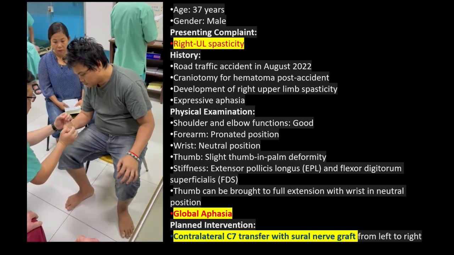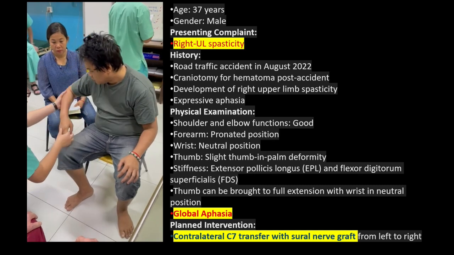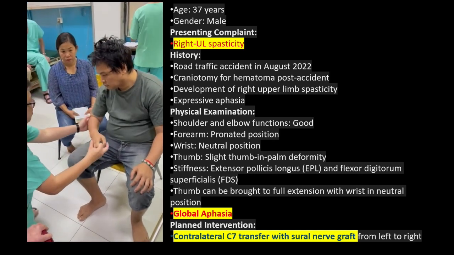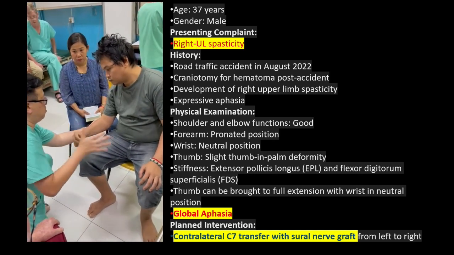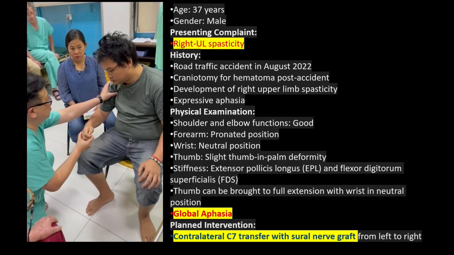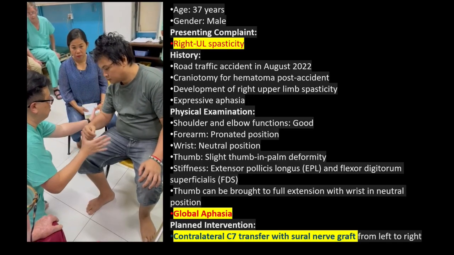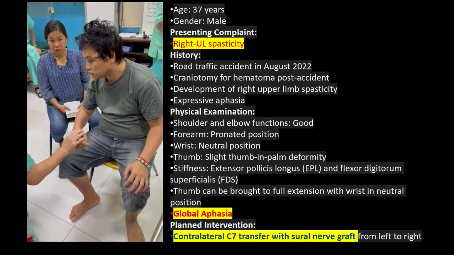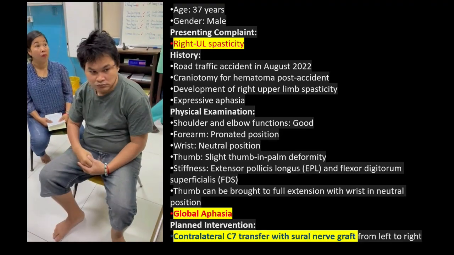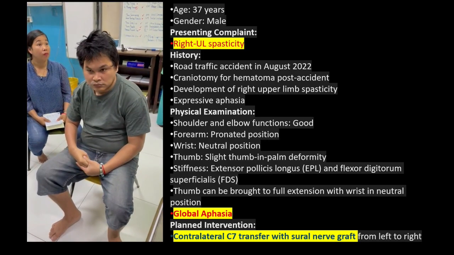The main findings are that the shoulder and elbow functions were good, but the forearm is pronated, the wrist is in a relatively neutral position, and the thumb has a slight thumb-in-palm deformity. There's stiffness noted in the extensor pollicis longus and flexor digitorum superficialis.